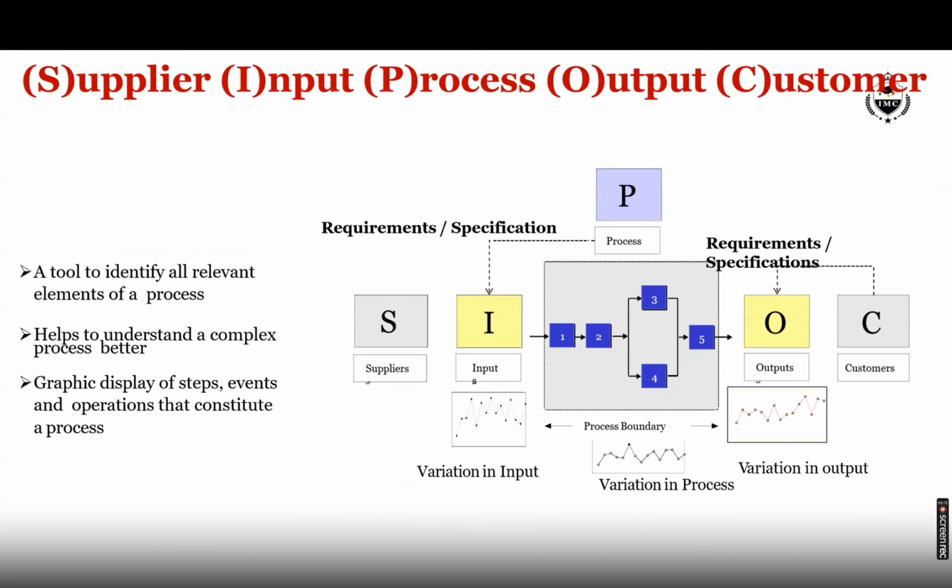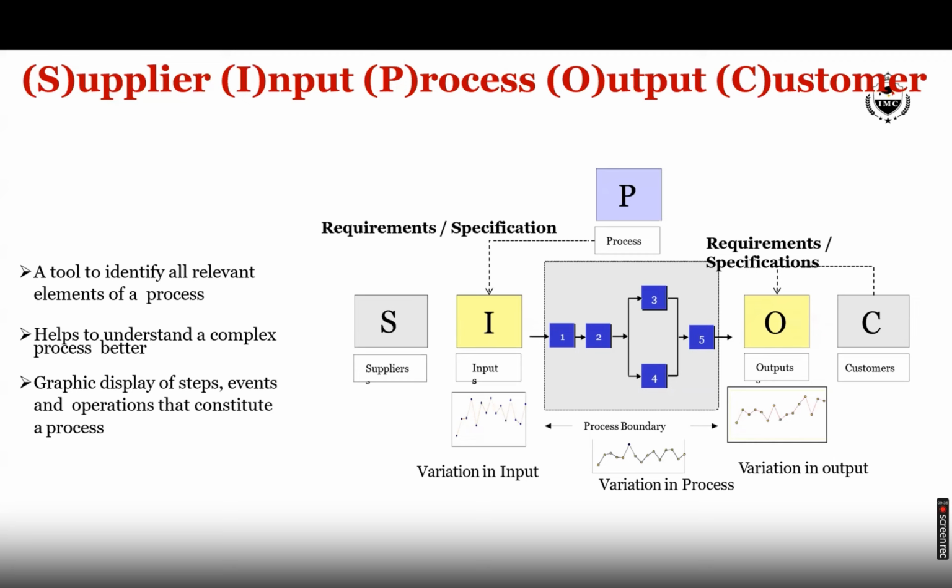Whenever you want to improve a process, an as-is process or a current process, my next question to that person will always be, are you aware of your current process? If you are aware of your current process, then only ideally you can improve your process.